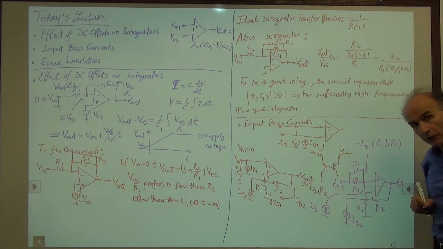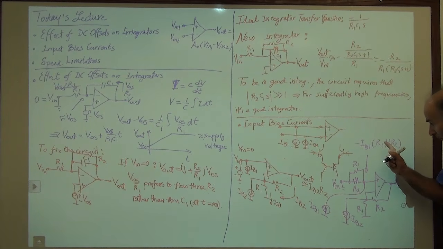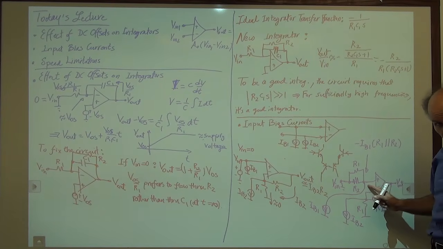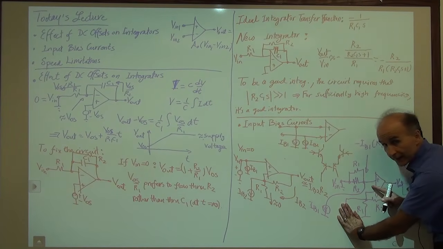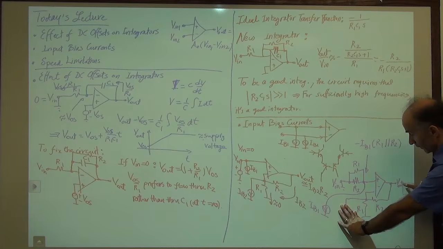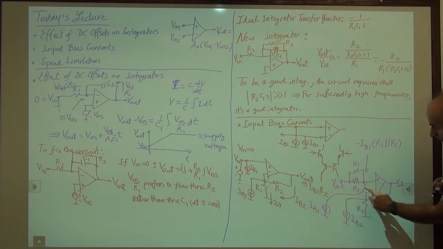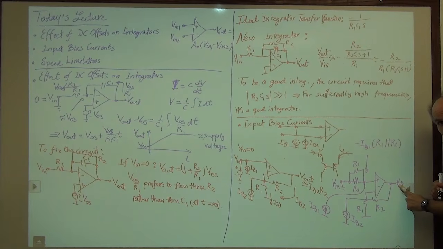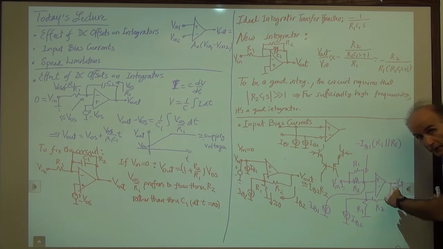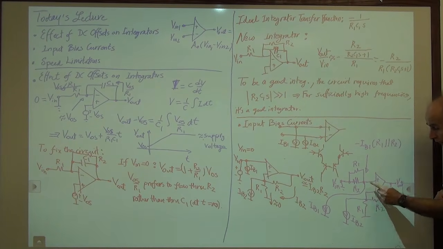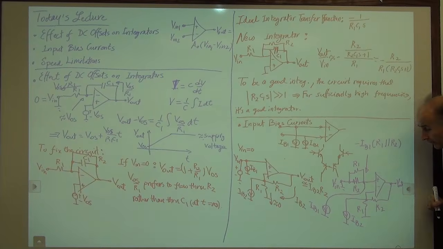How much output voltage do I get as a result of this voltage? I can use superposition again, meaning I don't have to worry about this guy, and I measure the output voltage just resulting from IB1. Now from here to the output, I have a non-inverting amplifier. So the voltage that I have produced here is multiplied by 1 plus R2 over R1.